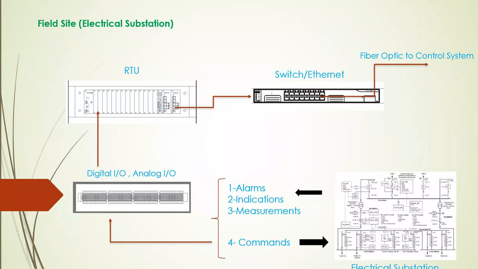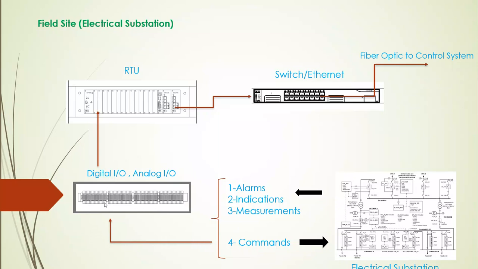We can divide this data and information into four parts. You can see here, the first part is alarms, indications, measurement, and command. All of the information is divided into these parts, and then this information is wired to the panels.